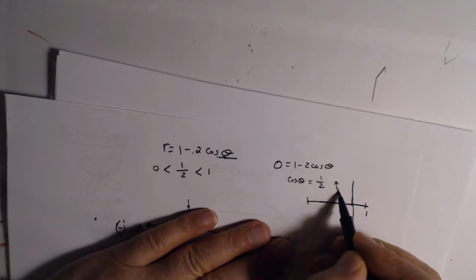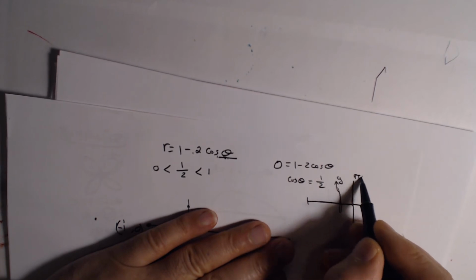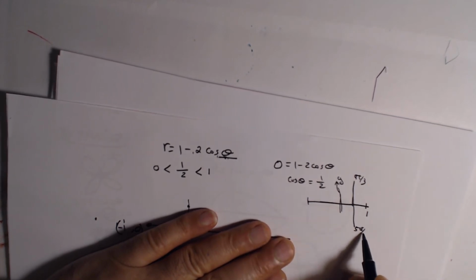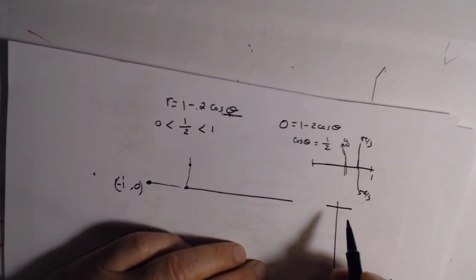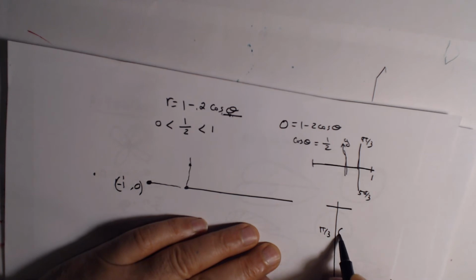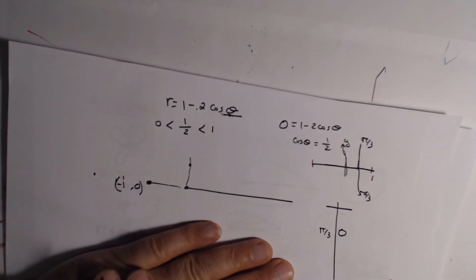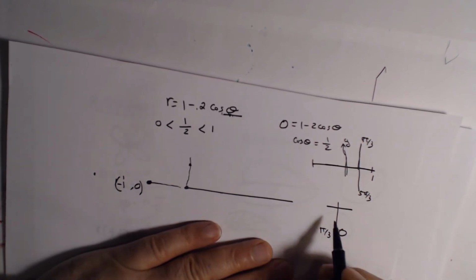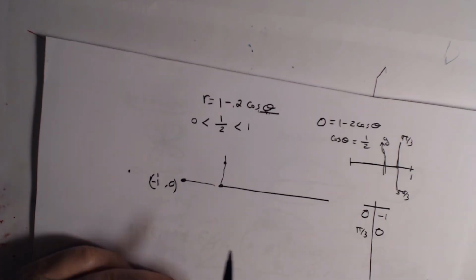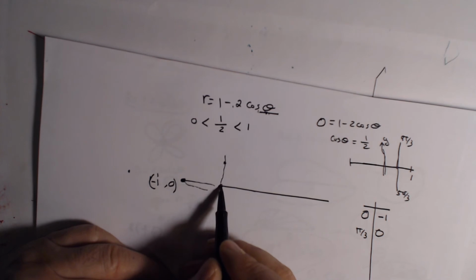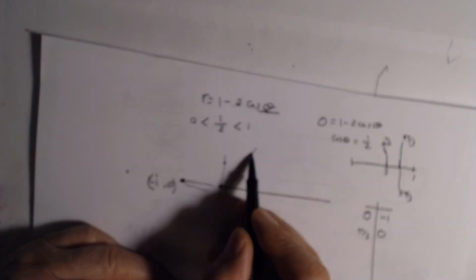And if this is the y-axis, this angle is pi over 3 and 5 pi over 3. Therefore, whenever I draw this one, at pi over 3, r is 0. But when theta was 0, r is negative 1. Therefore, I am reaching 0 at pi over 3.